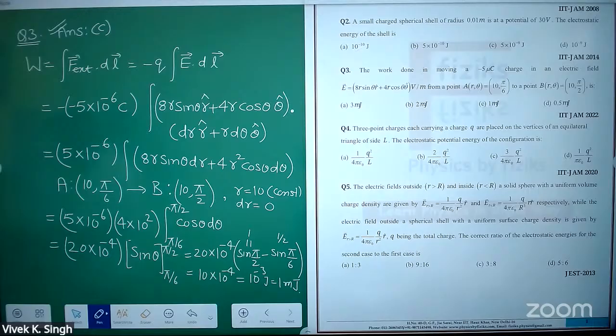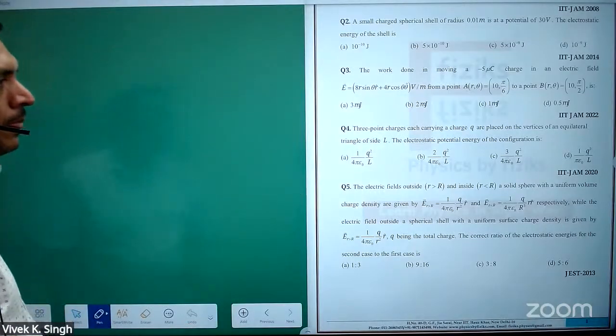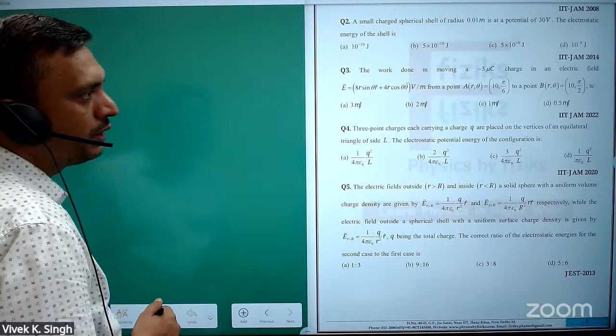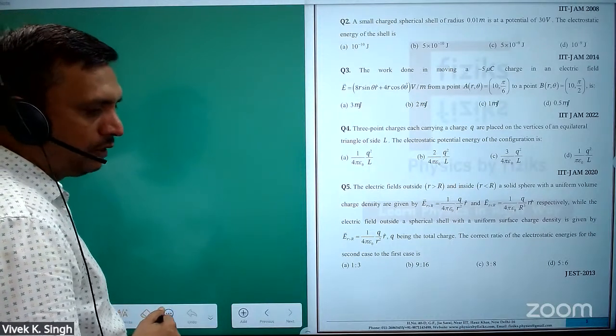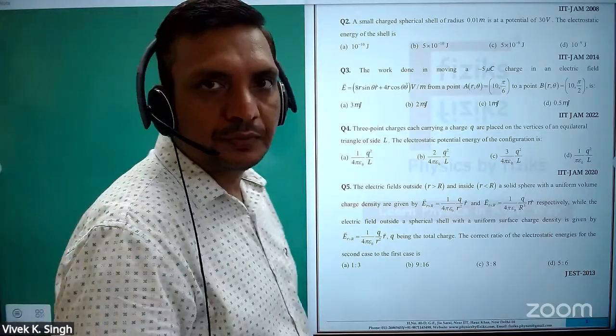Three point charges, each carrying charge Q, are placed on the vertices of an equilateral triangle of side L. The electrostatic potential energy of this configuration.